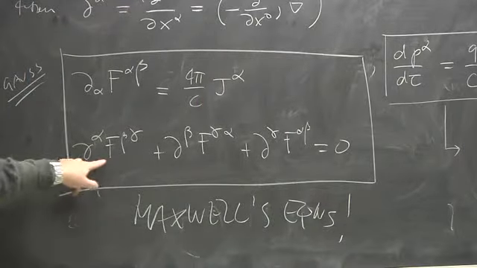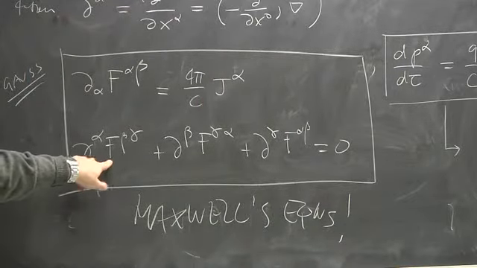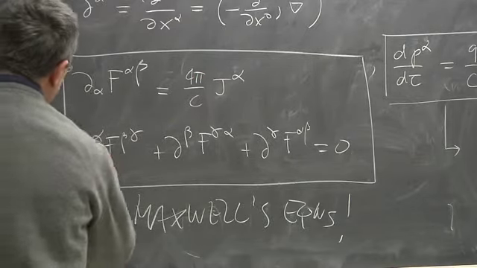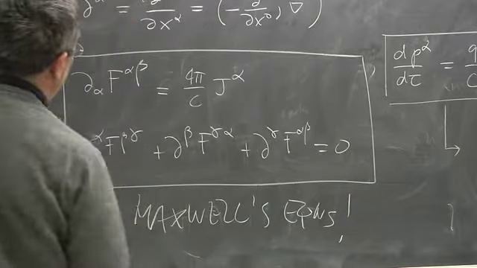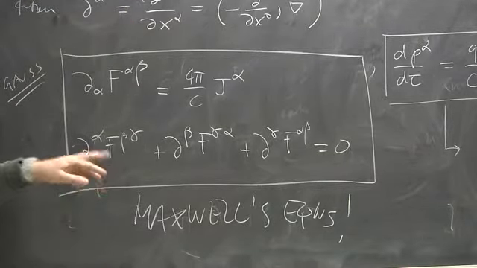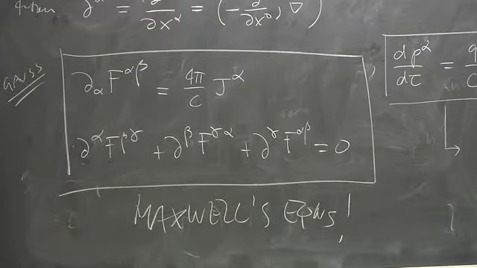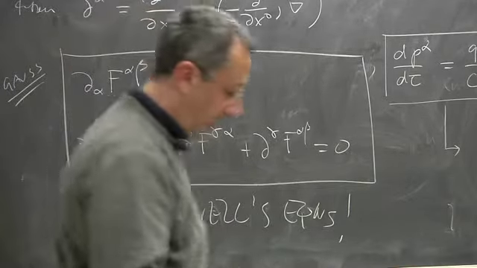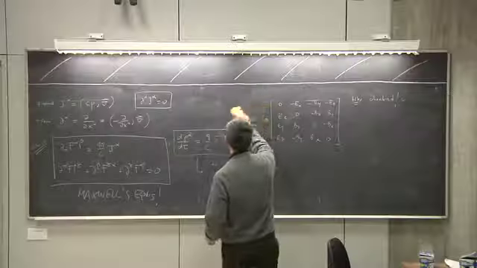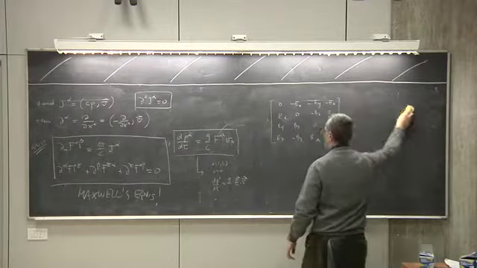So again, try to write back the components E and B here. Right here, this is a derivative. And you will see that this equation gives back the two other Maxwell equations, the ones without charge and current density. So that's good. That's what I wanted to rederive.